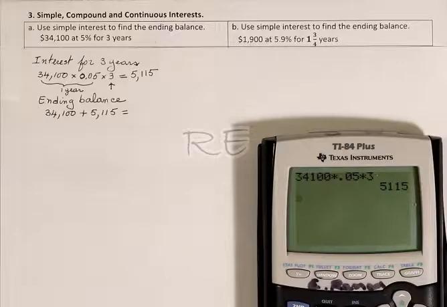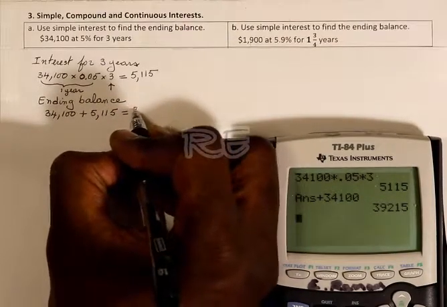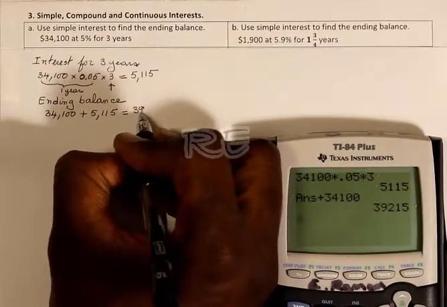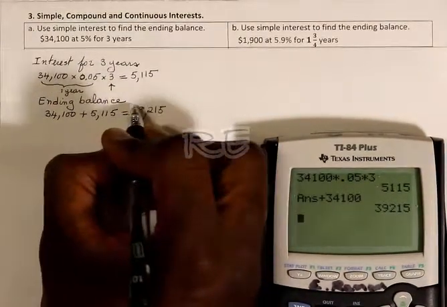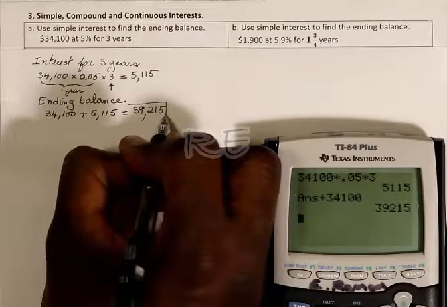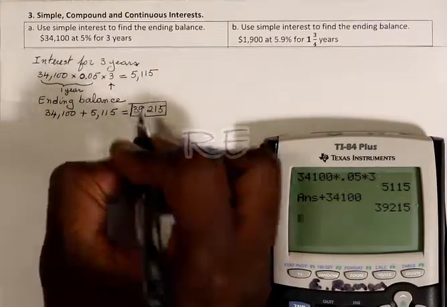When we add it together, we get 39,215. That is if we don't want to use the formula.